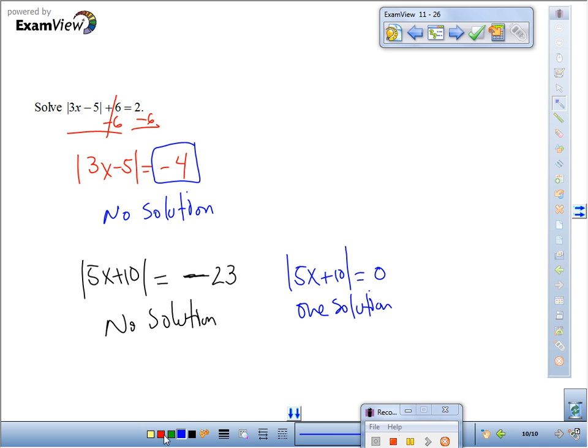In the last situation, when you end up with an absolute value, once you simplify, equal to a positive number, let's say 23, we have two solutions. Because we do what? One for the positive, one for the negative. Remember that? Those are the three different cases that you're going to have, and that's it.